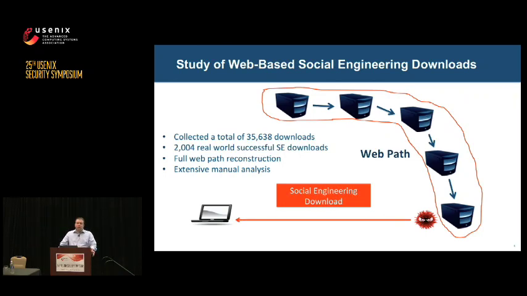In all, we collected almost 36,000 downloads from this network, and a little over 2,000 of these were successful social engineering downloads. By successful, I mean we actually saw the user download an executable. Through extensive manual analysis and reconstruction of the path, we were able to then examine these social engineering downloads.